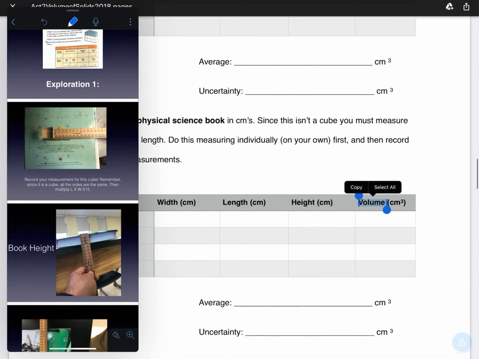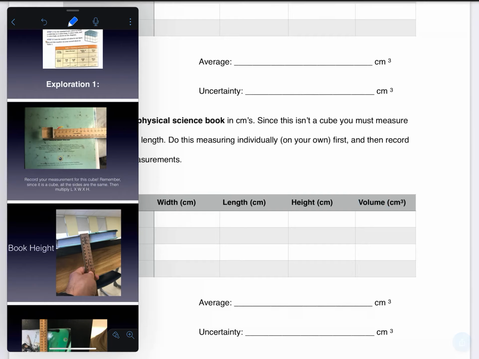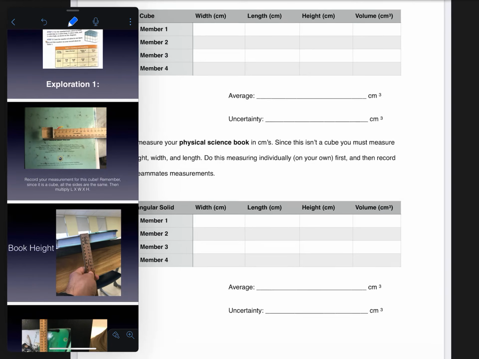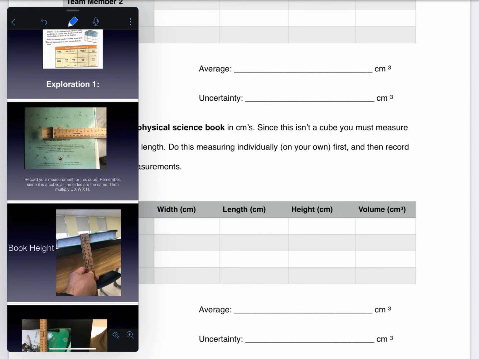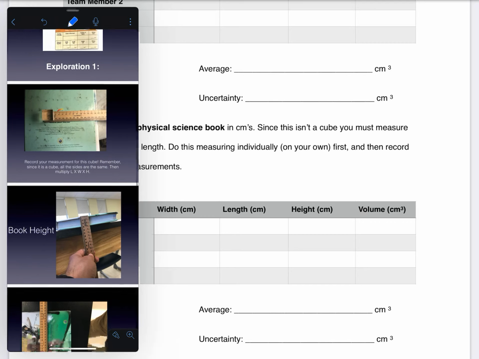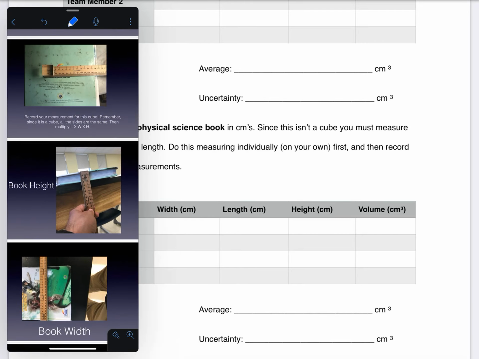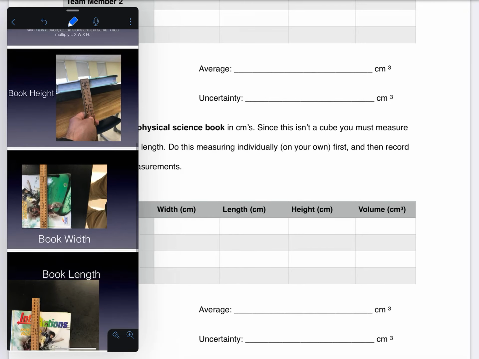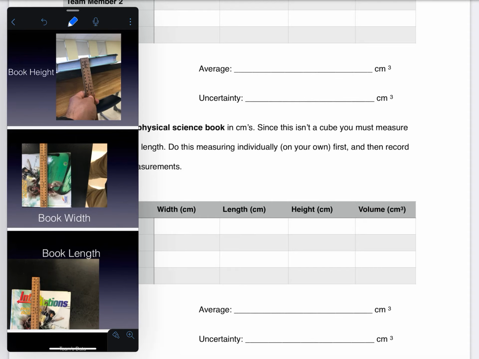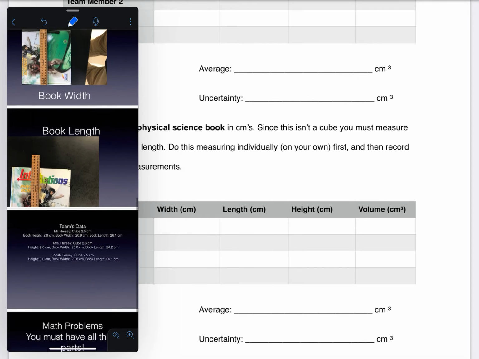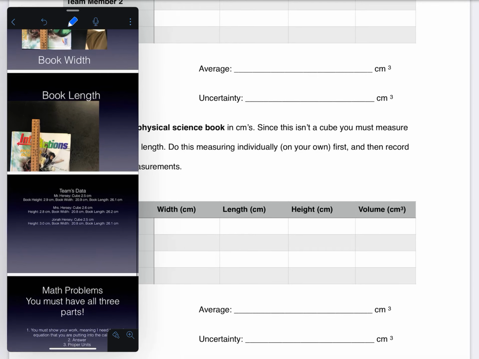And then for the book, we're doing a physical science book for the rectangular solid that has different lengths, widths, and heights. So again, you have book height, book width, and book length, and you're going to read those and put them in as team member 1. Now, your team is Team Hersey for the rest of them.